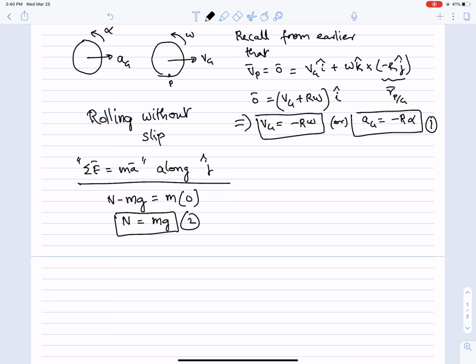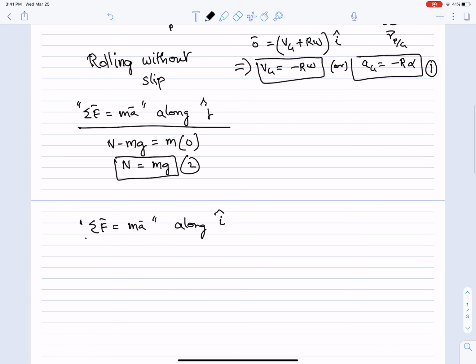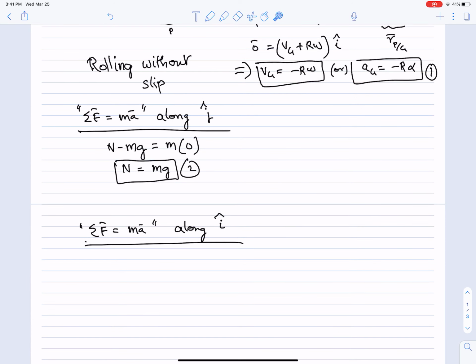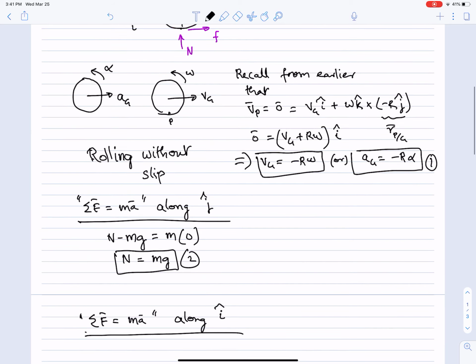Let's do sum of forces equals ma along the I direction. In the I direction, the acceleration we've denoted to be AG. So what are all the forces?